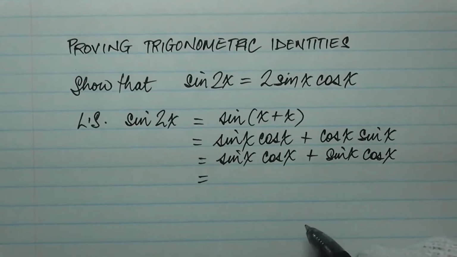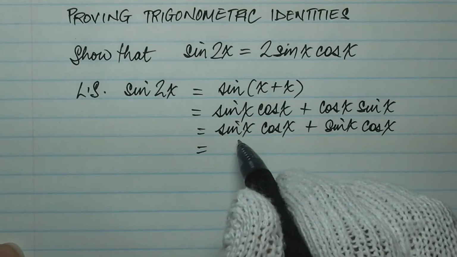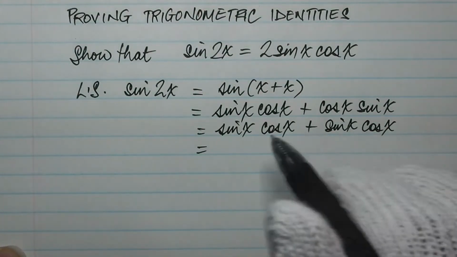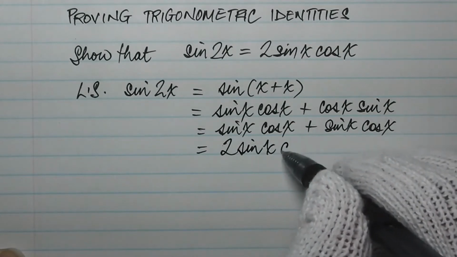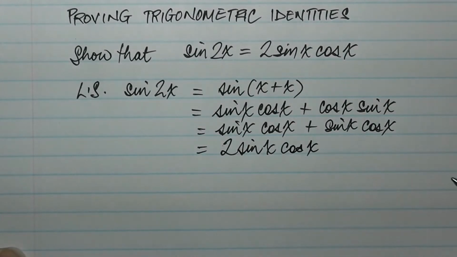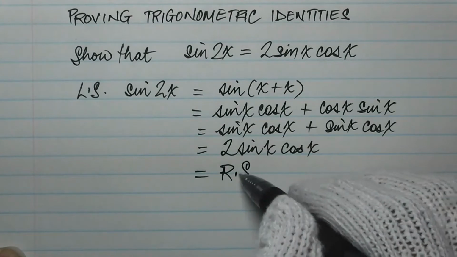And then you say to yourself, 1 sine x cos x plus 1 sine x cos x is equal to 2 sine x cos x. It's the right side.